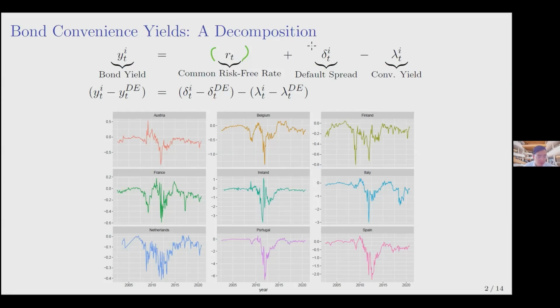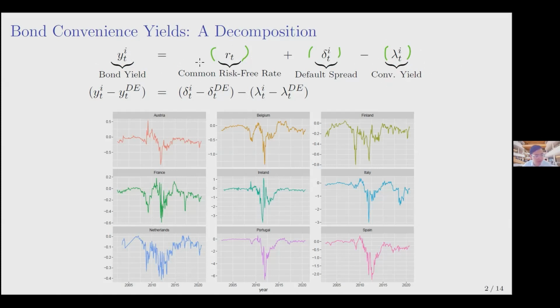Then we have default spread, which accounts for the differences in the default premium, as well as the default probability. Lastly, we may or may not have a residual term, lambda, which we interpret as convenience yield. We'll see more about it, but for now, let's regard this as the residual from this decomposition.